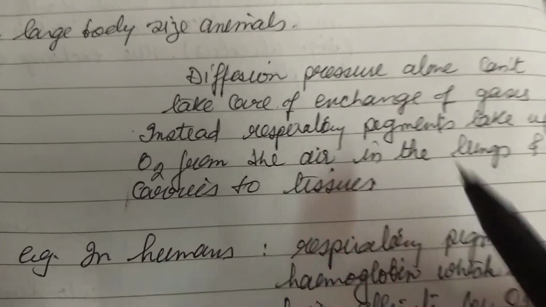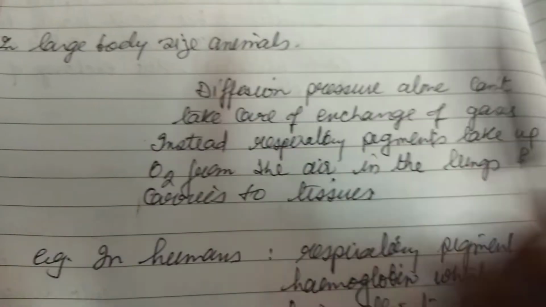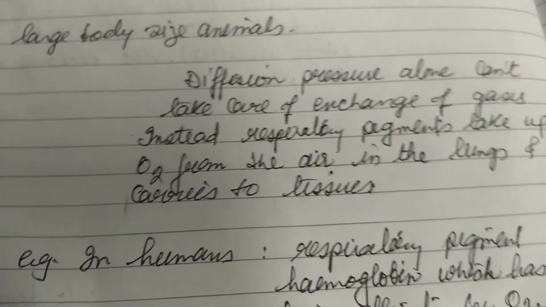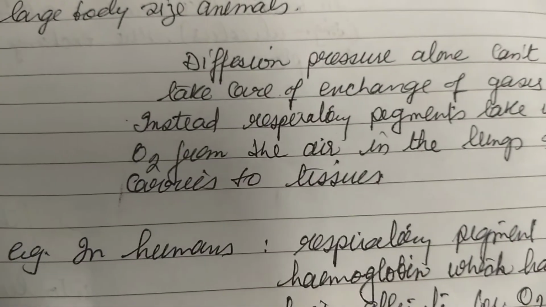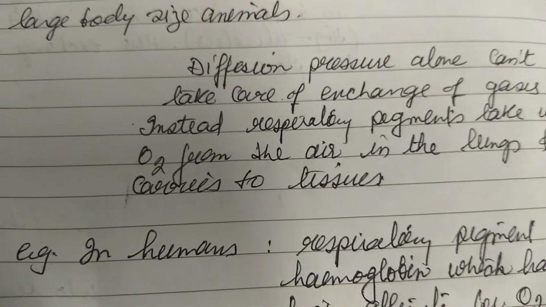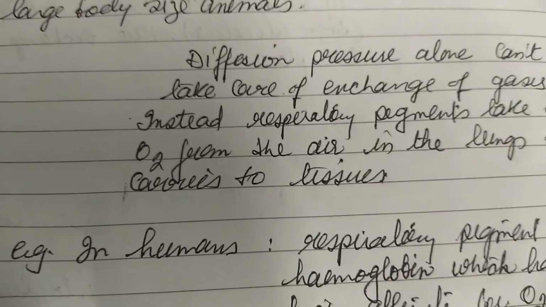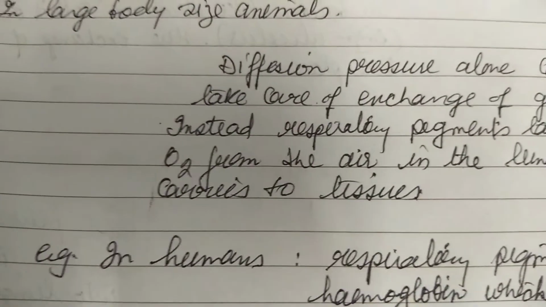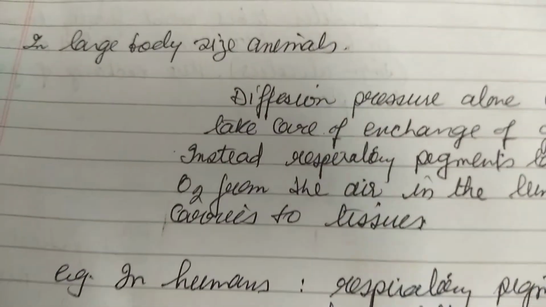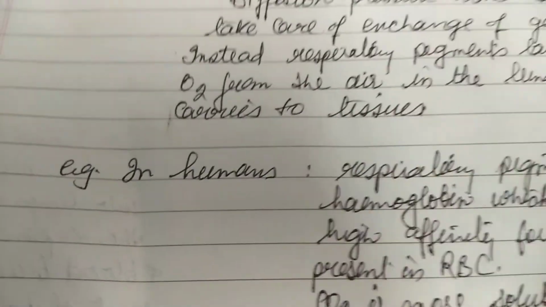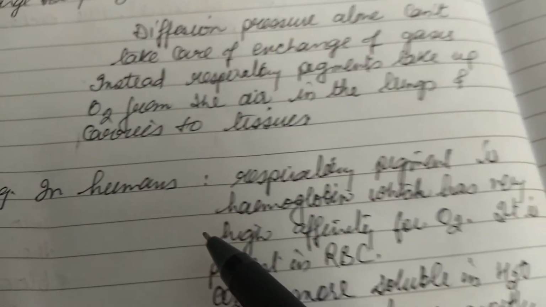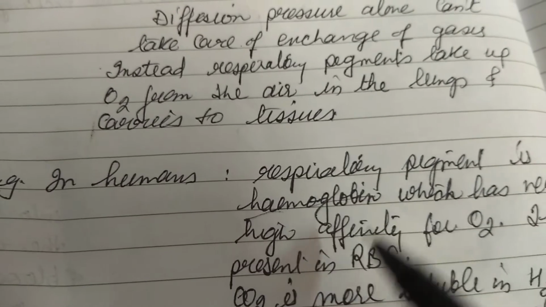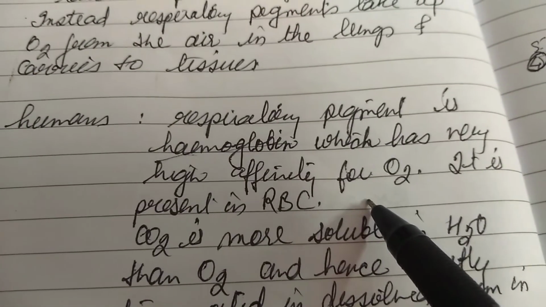But exchange of carbon dioxide happens only through the diffusion process that we discussed, because of the difference in partial pressure, because carbon dioxide is soluble in plasma. But for oxygen, pigments are there in large size body animals. So in human beings, this respiratory pigment is hemoglobin, which has high affinity for oxygen, right?